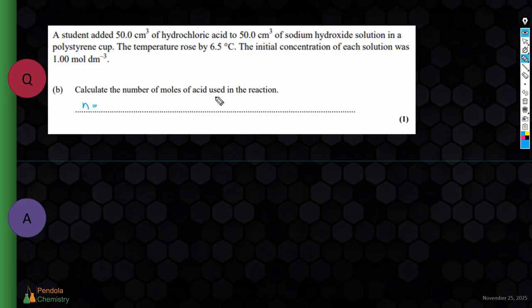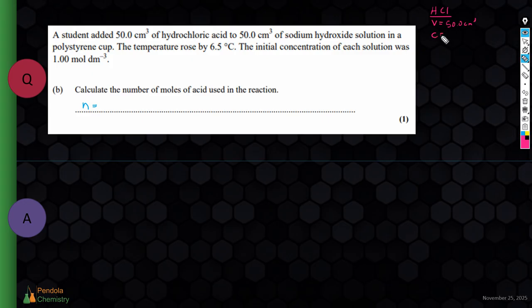So let's calculate the number of moles of acid. This should be a very simple and straightforward problem from chapter 3. We have a few different numbers here, so let's focus in on what we need. We're going to write them here on the side. For HCl, the volume is equal to 50.0 cubic centimeters.